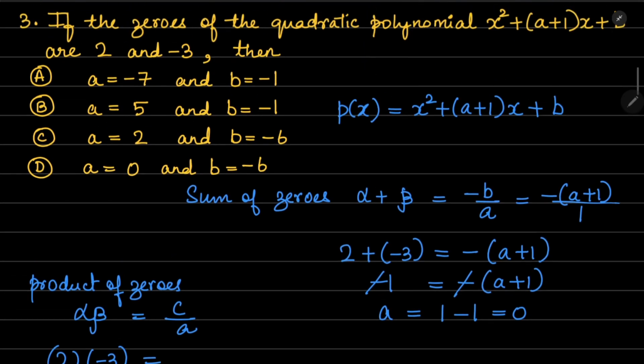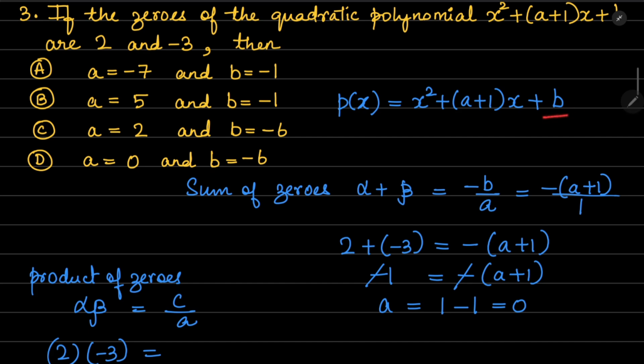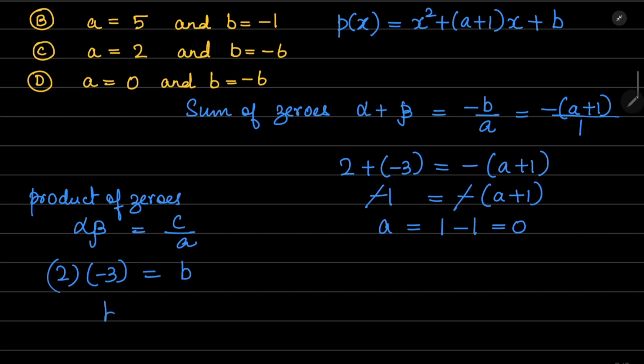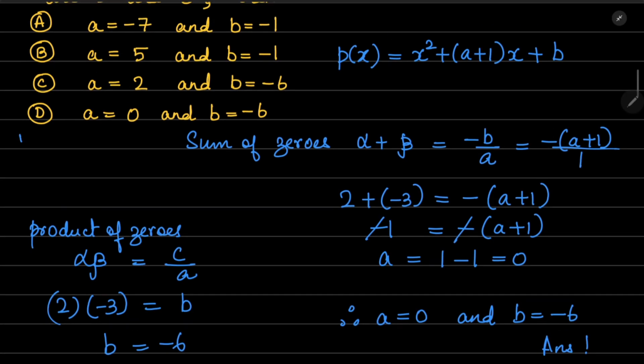What is c? c is nothing but your b, right? a is nothing but your 1. So it is just b. So b is equal to 2 into minus 3, which is minus 6. So therefore the given answer is a is 0 and your b is nothing but minus 6. So this is your final answer, which is option D.